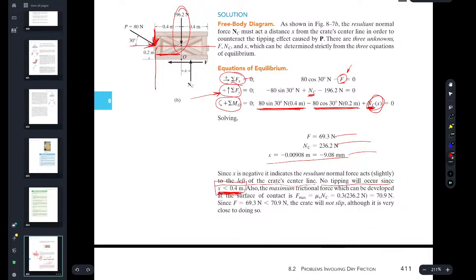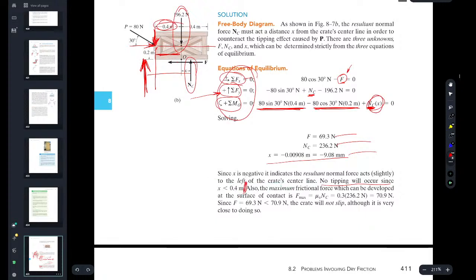Why? Because this is the distance here. The NC doesn't move out over here to keep equilibrium here. If it had to move too far over to the left where it was way past that 0.4, then you got a problem.